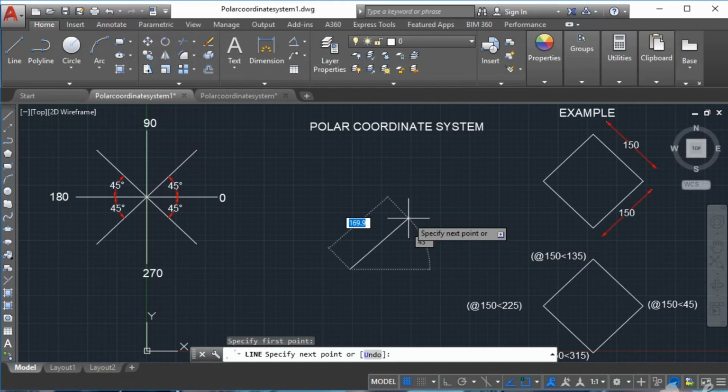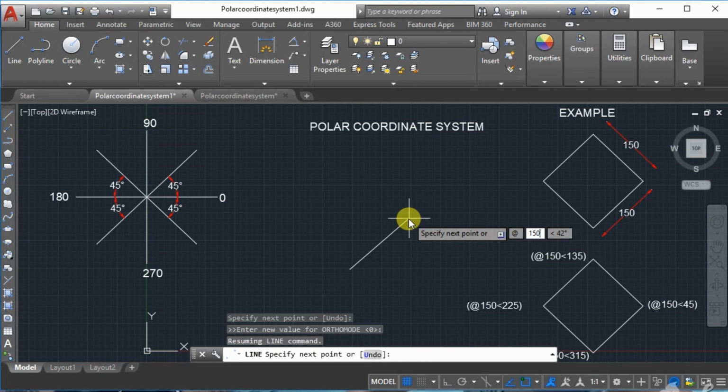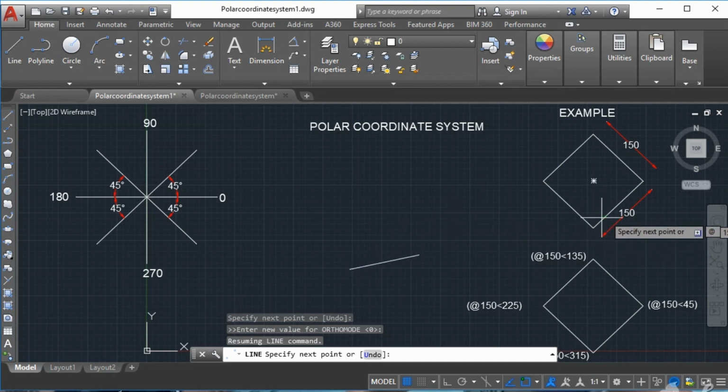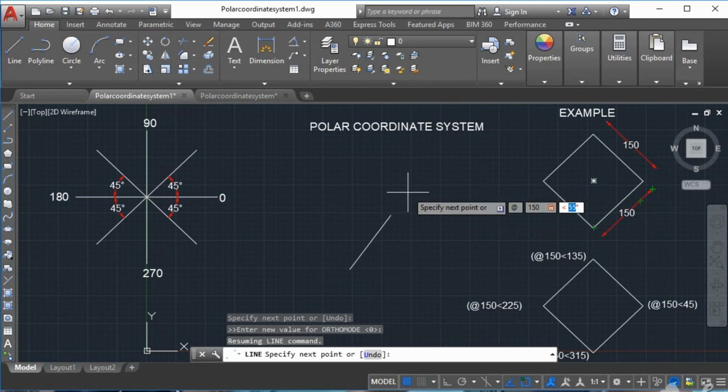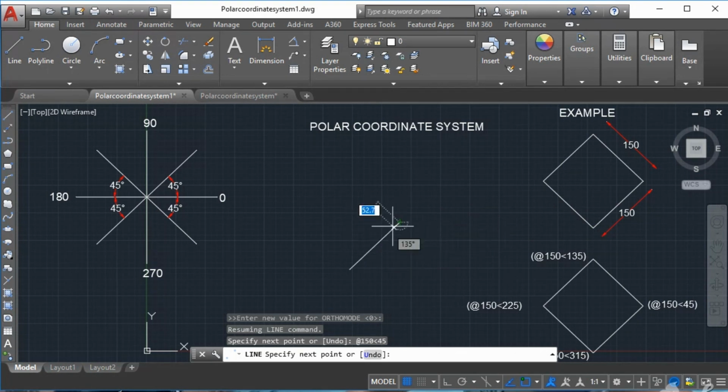Okay, now I am taking the next coordinate. First we type the @ symbol, then the distance is 150, and for the angle, less than. Now what will this point be? This line, if it is 0 origin, then it is at 45 degrees because half of 90 degrees is 45 degrees. So I am taking 45. Press enter. See, now we got this line in this shape.